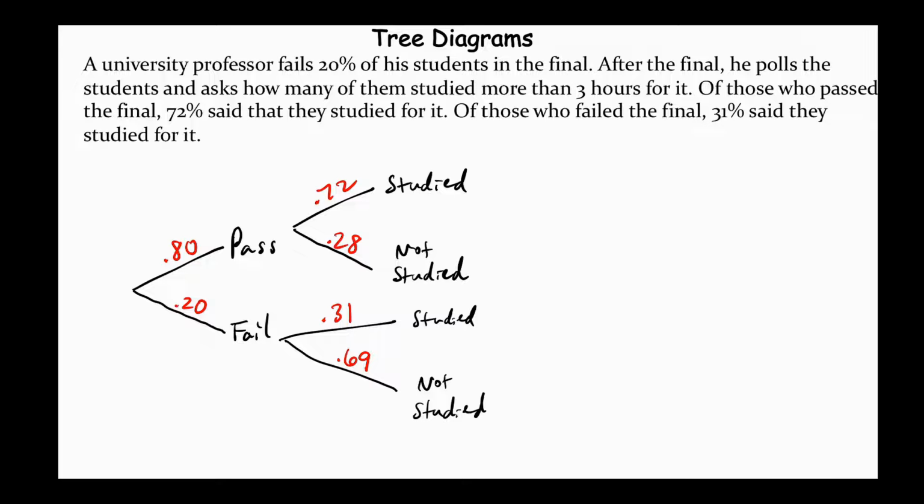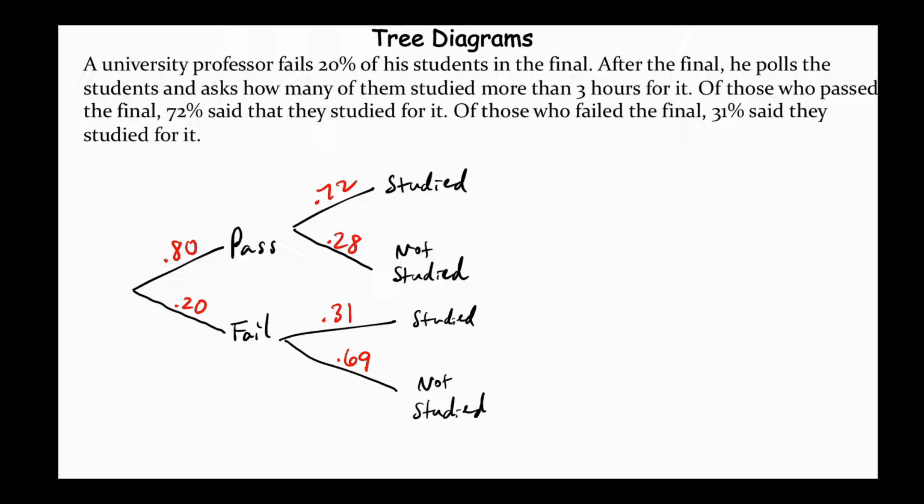Okay, so here we go. Done. That's everything that happened, right? Every outcome. How many different outcomes could we have? Not 8, not 6. Okay, if I'm a student, what was one thing that could happen to me?